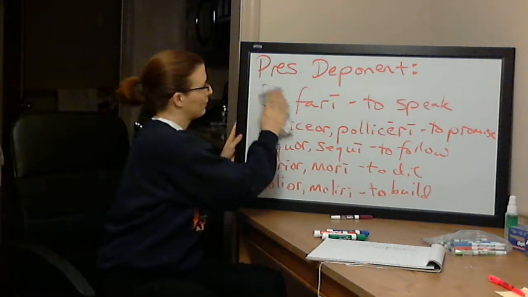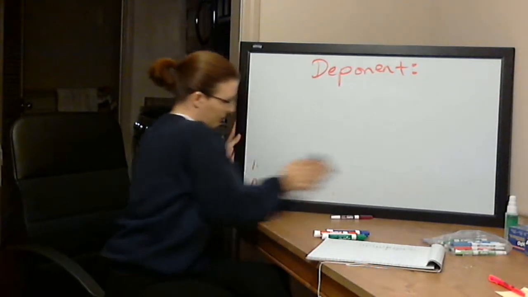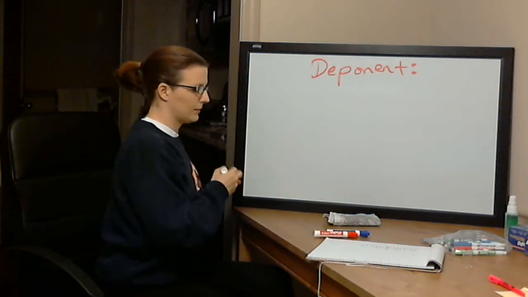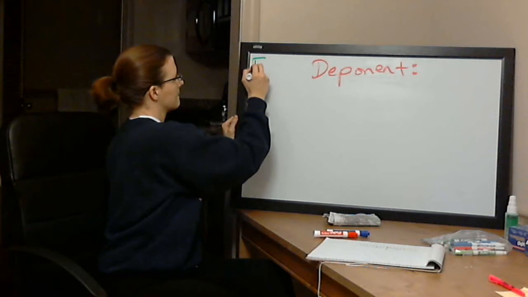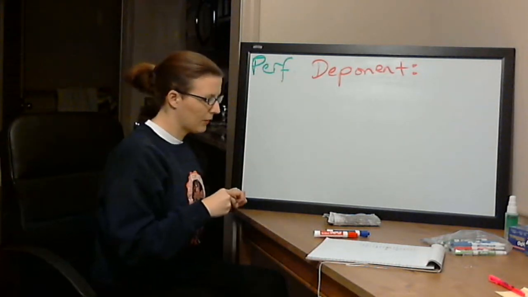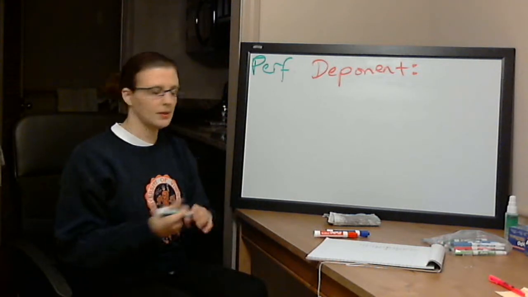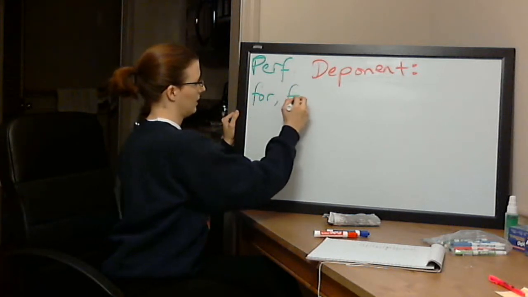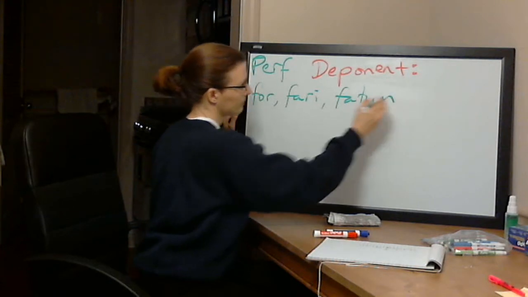In addition to having present, our deponents can also have perfect infinitives. So for a perfect infinitive, we went to our third principal part and used it as our stem. Same thing here. We're going to go to our third principal part. So we have for, fari, factum.